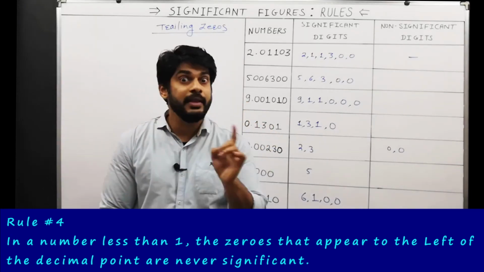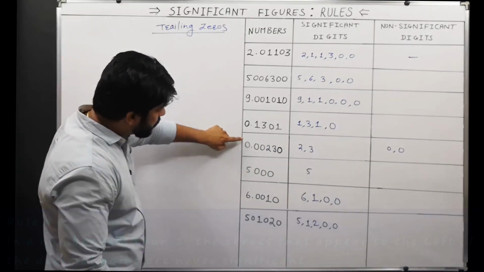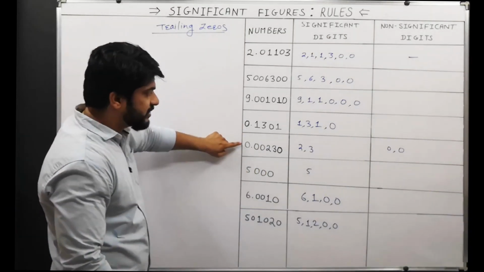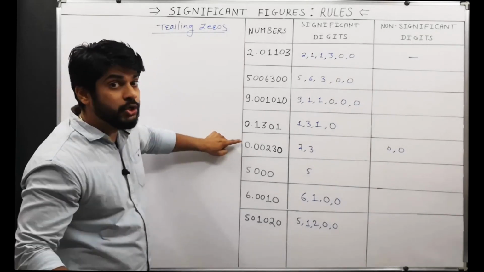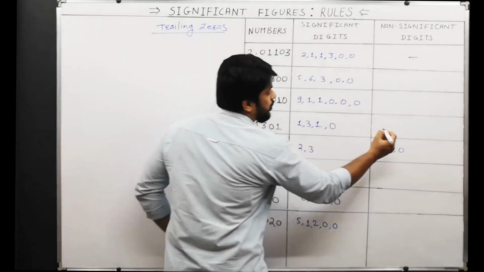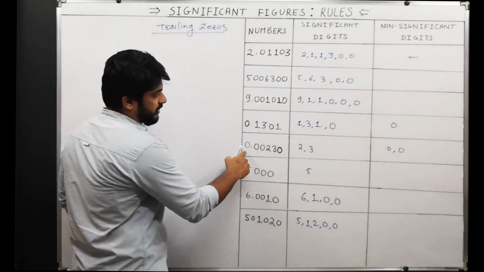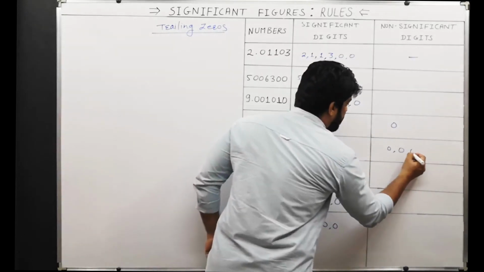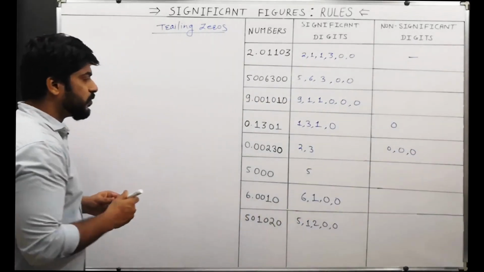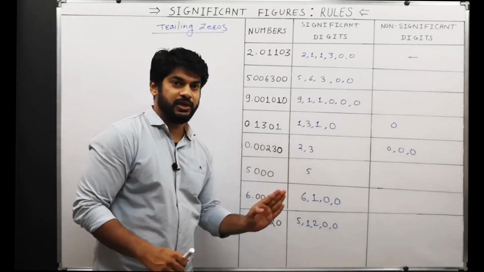So these two zeros that you see in these two numbers are not significant. Let's note it down. This zero is not significant, and over here this one is again not significant. In this way we have noted down which are the non-significant.